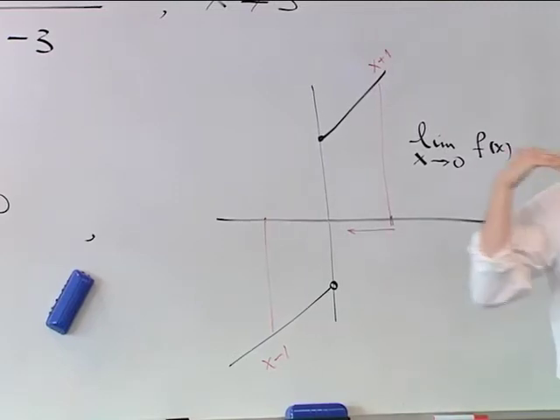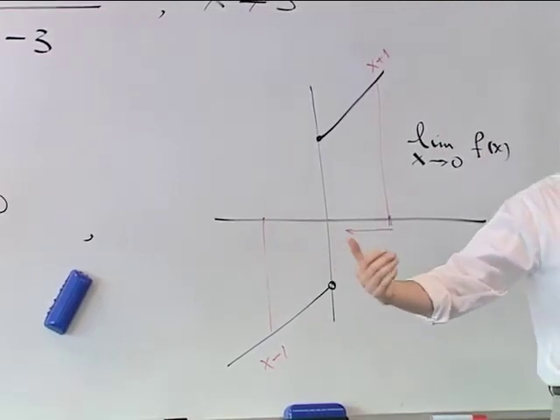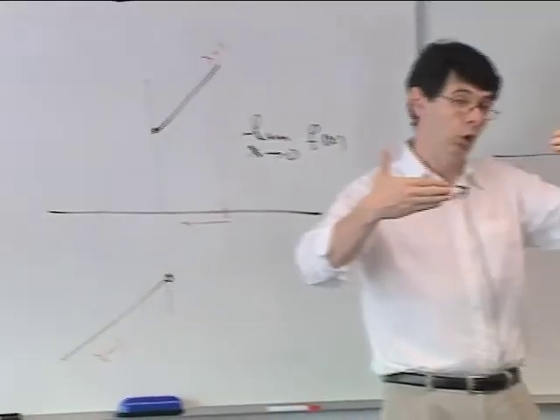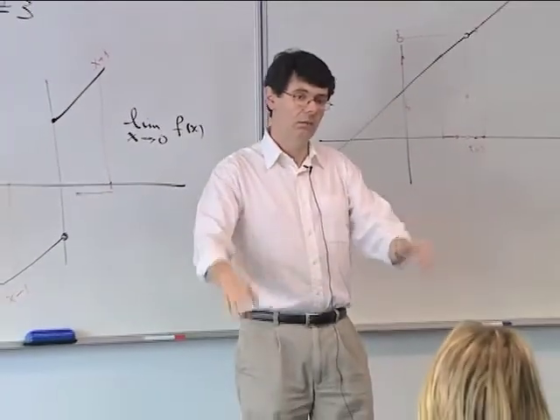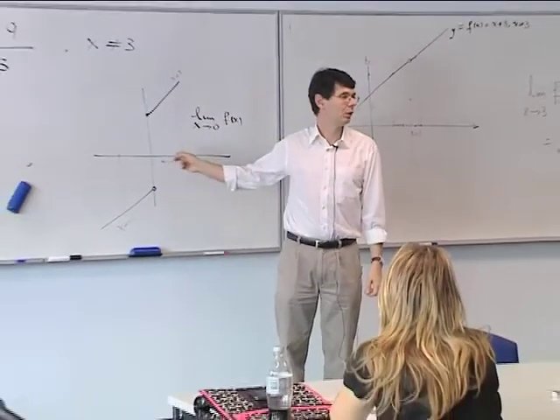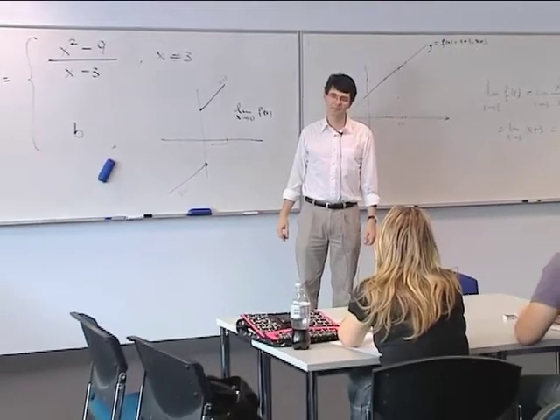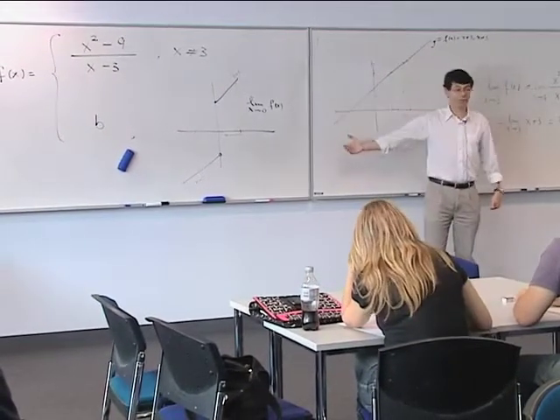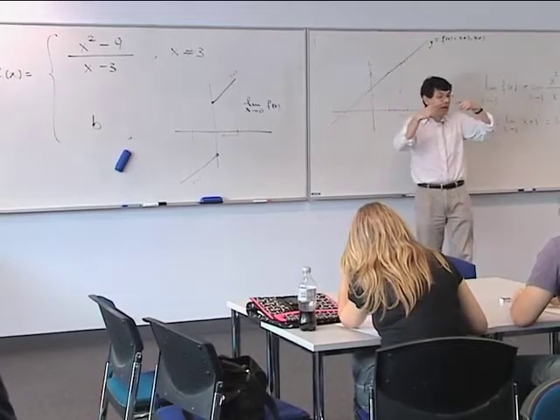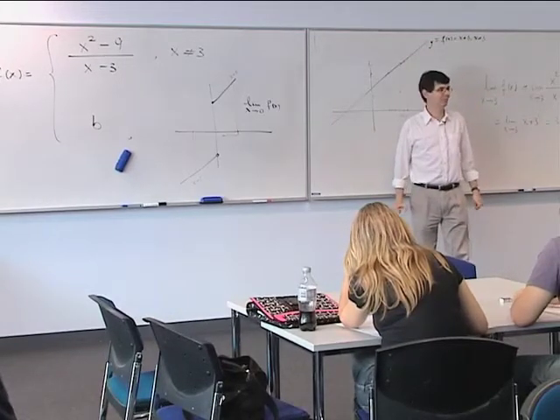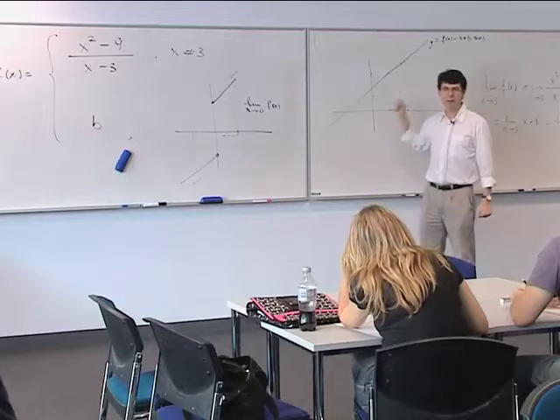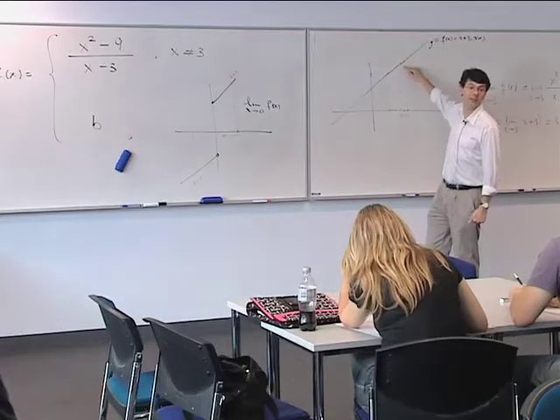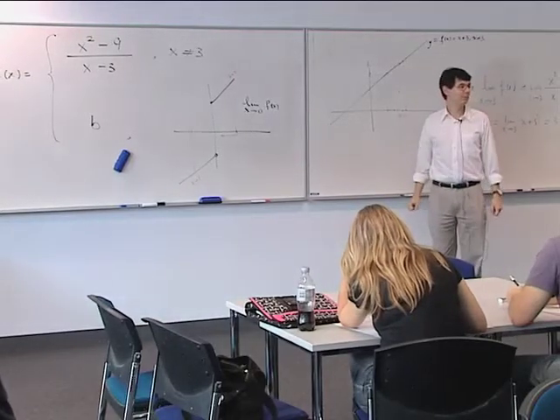If there is a gap between what happens on the left and what happens on the right, if they don't coincide, you cannot have continuity. If there is no gap between what happens on the left and what happens on the right, you may have continuity. There's a chance. You can perhaps bridge the empty space in there if you need to.